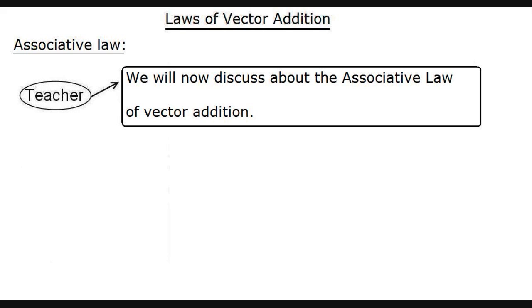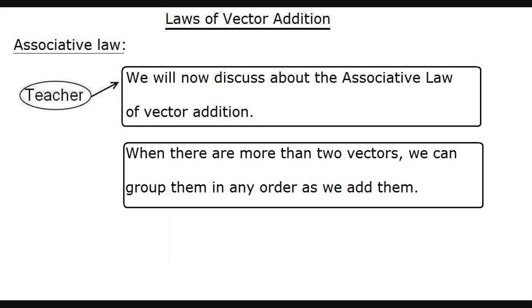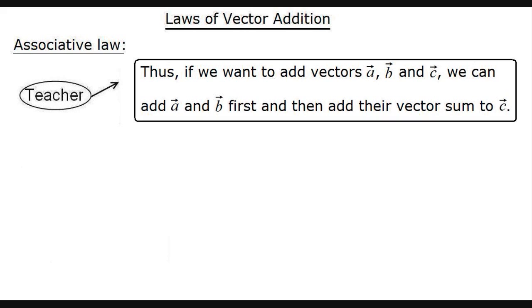We will now discuss the associative law of vector addition. When there are more than two vectors, we can group them in any order as we add them. Thus, if we want to add vectors a bar, b bar, and c bar, we can add a bar and b bar first, and then add their vector sum to c bar.